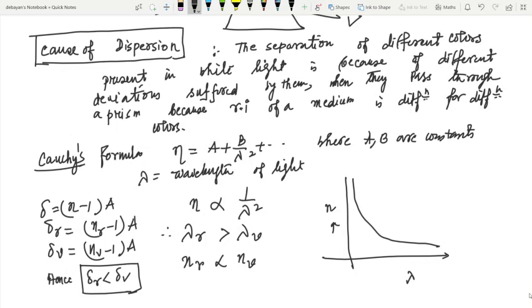So the red component bends the least, whereas the violet component bends most. And when an inverted prism is placed near the first prism, it reverses the action of the first prism. So the output from the second prism is again white light.